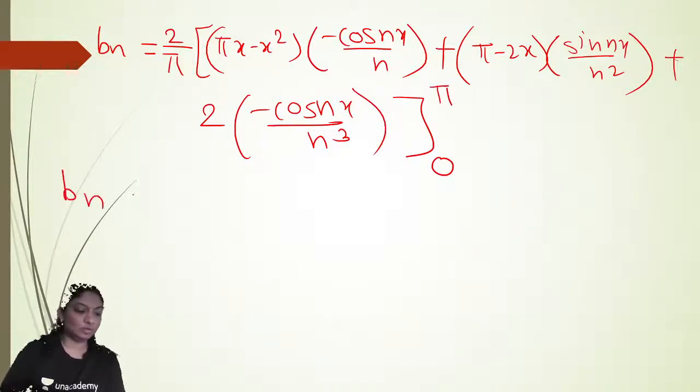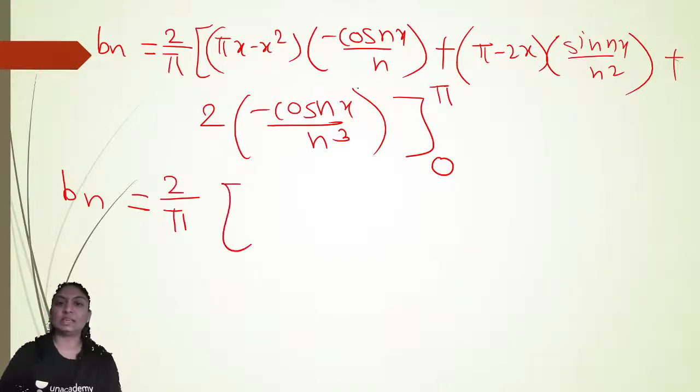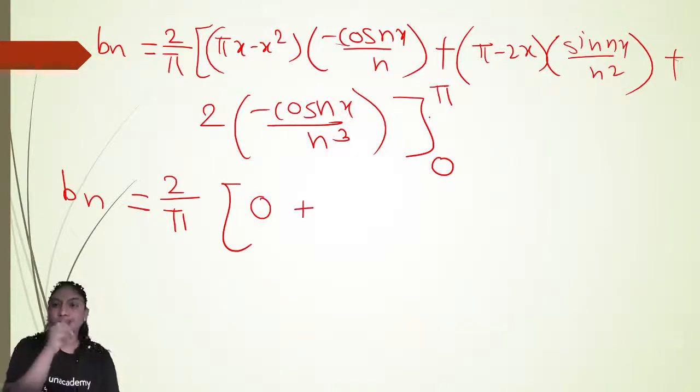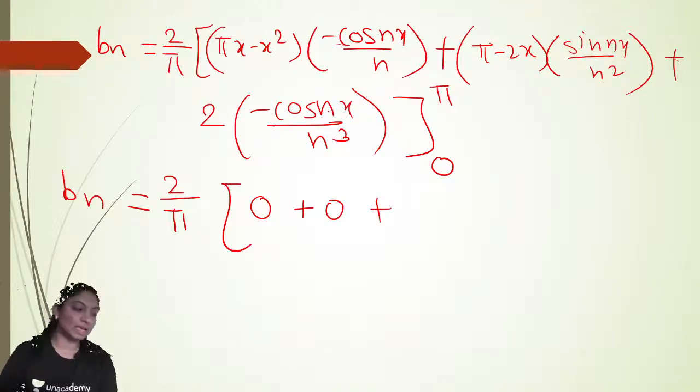Now just put the values. Bn is equal to 2 by pi, from x is equal to pi, square minus pi square gives 0. So this will become 0 plus (pi minus 2 pi), but sin n pi is 0. So again it will become 0 plus minus cos n pi. The value of cos n pi here you will get is minus 1 raised to n, right?